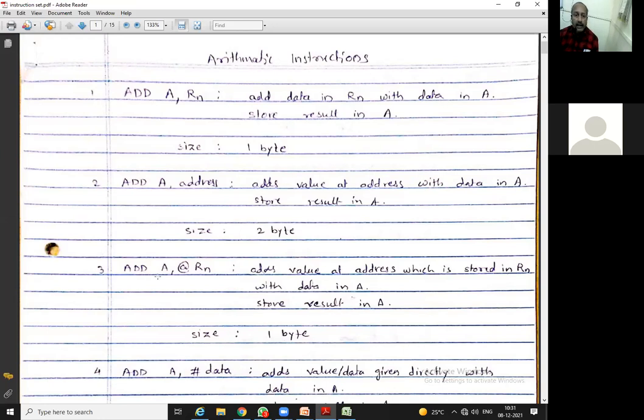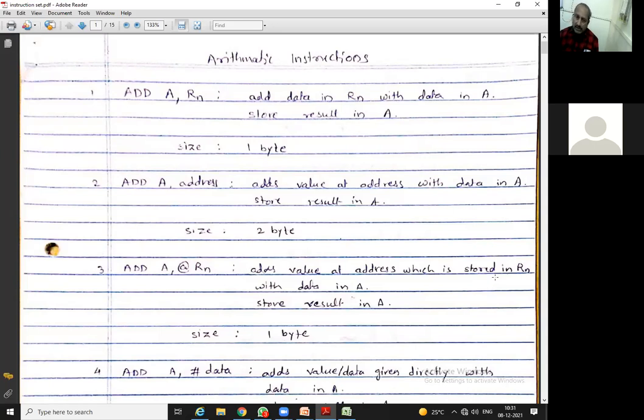Then ADD A, @Rn. What it is doing is adding the value at the address which is stored in Rn. Meaning in Rn, which may be R0 to R7, some address is stored.